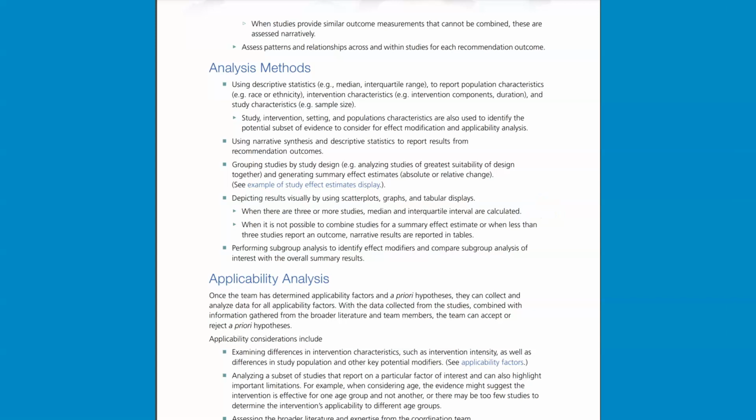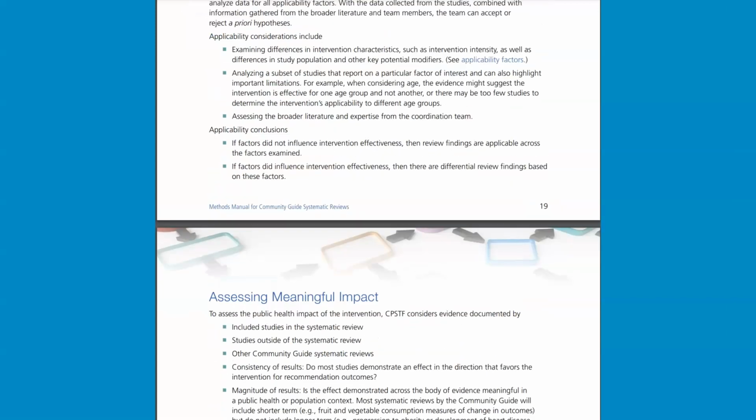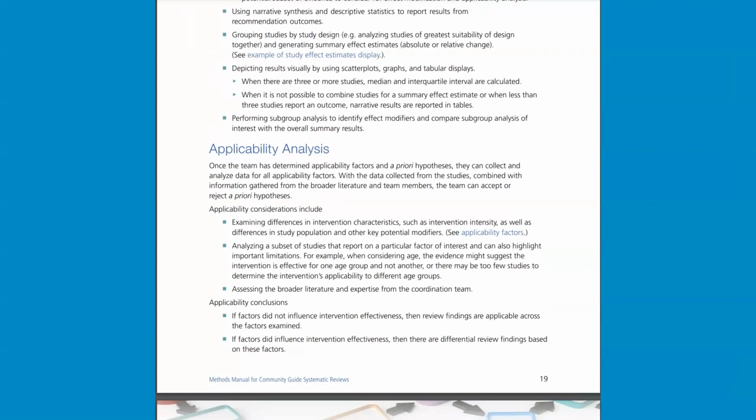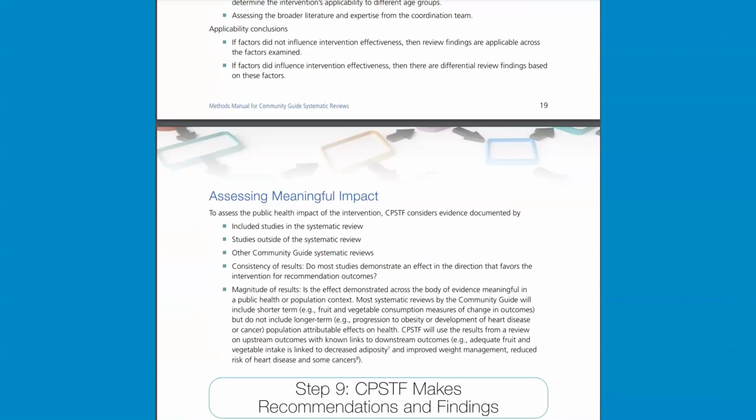So here are more specific details about analytic methods. Applicability analysis, again, is very important to consider. These are areas that you can go over on your own.